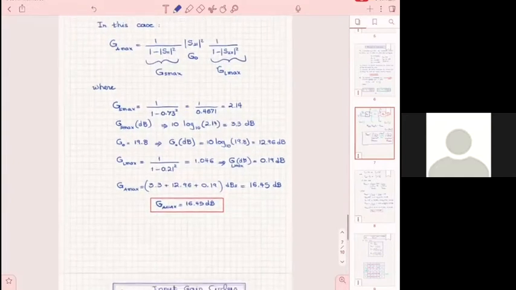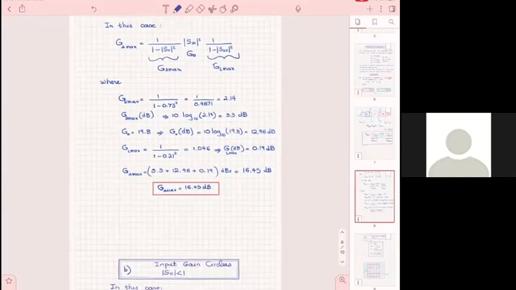So all of this is here that I was telling you before. And then if you put the values in there, you find the GA maximum, in this particular case, is 16.45 dBs, the maximum you can get. Now, usually devices that can give you a lot of gain cannot necessarily give you very low noise. There is something in between these two.